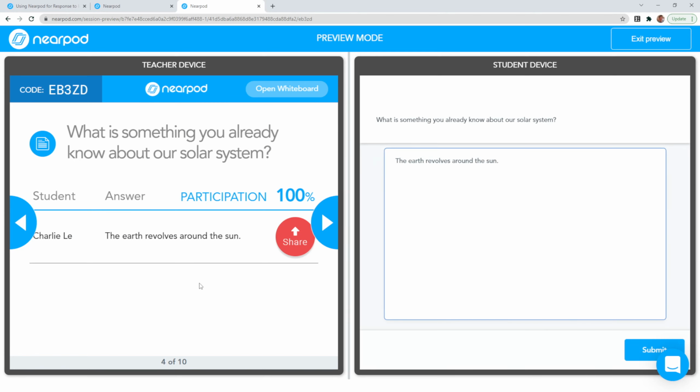So, with Nearpod, you can see who is participating and you can see what kinds of responses people are writing, right? So, for example, what is something you already know about our solar system? Well, this student here says the Earth revolves around the sun, right? And if you really like that answer, you can share it and the rest of the class can see it, right?